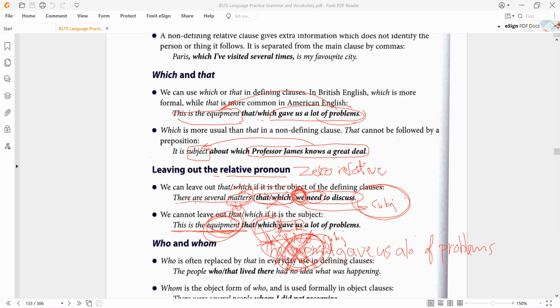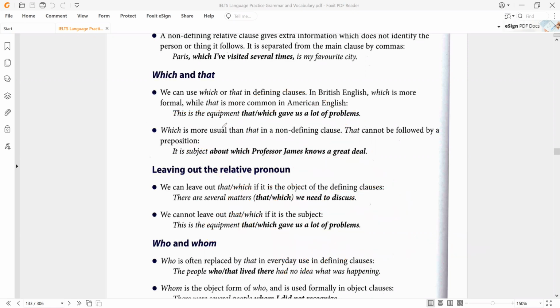So for the first we use that. Because for the first here, we don't use that because we have subject here.